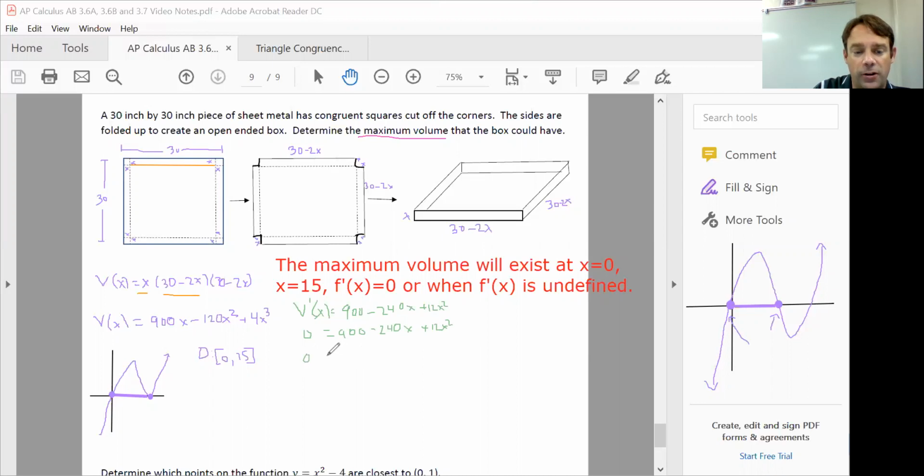And I think I can factor out a 12 out of that, actually, to tell you the truth. And I'll rearrange the terms while I do that as well. So that would be a minus 20x there, and that would be plus 75. So that means 0 equals 12 times x minus 5 and x minus 15. So x equals 5 and x equals 15.